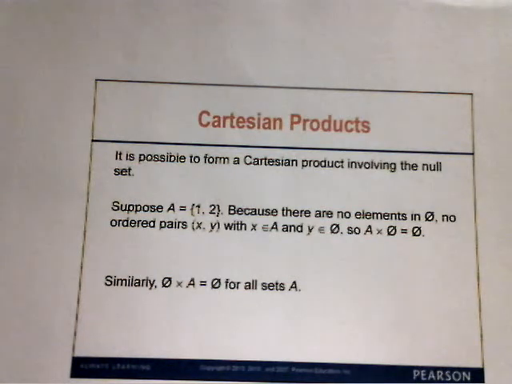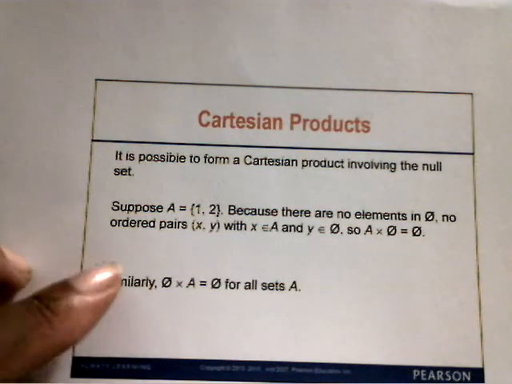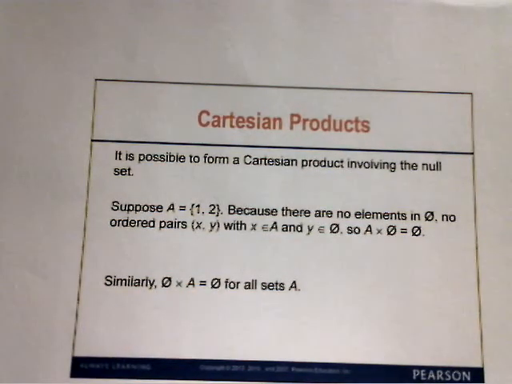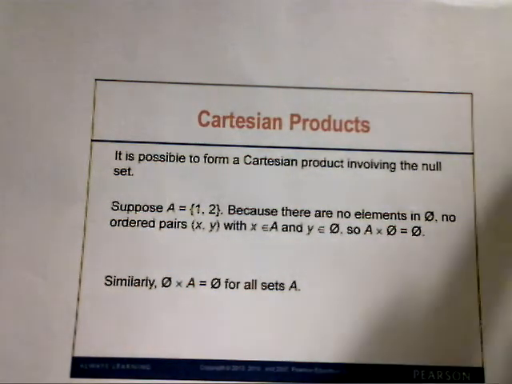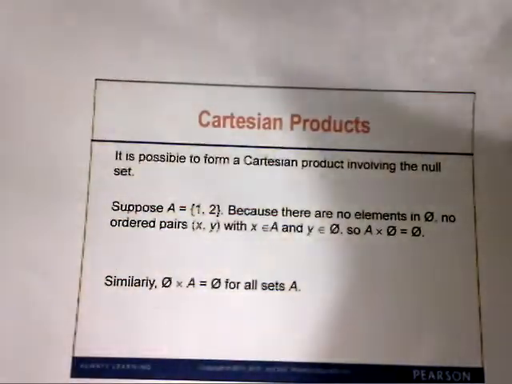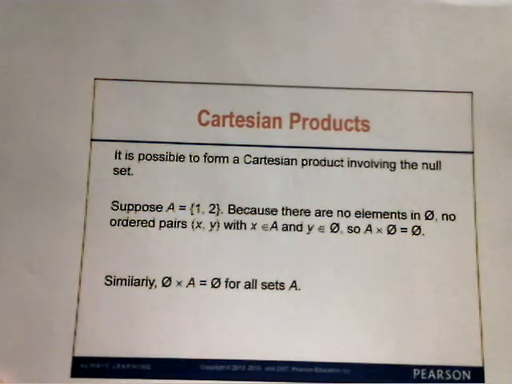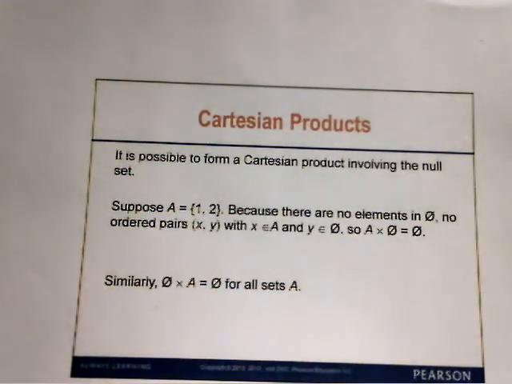So that means that A cross the empty set is the empty set. And on a similar note, the empty set cross A is also the empty set for all sets A. Okay, so that will conclude this particular video on other set operations and their properties.